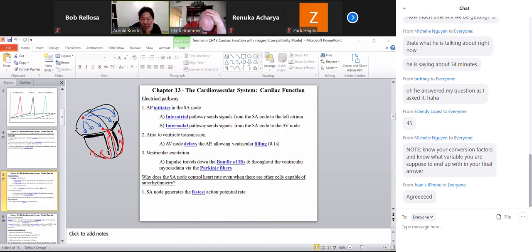And if you guys remember, when it comes to all of the valves of the heart, whether it's the tricuspid or bicuspid or the aortic or pulmonary valve, all 4 valves are located at the top of the ventricles. And so in this case, the atrioventricular valves allow the blood to flow from the atria into the ventricles.